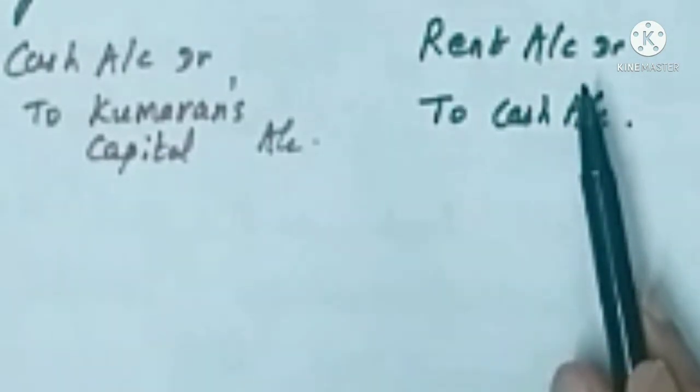Okay, now we are opening the cash book. So, we have to see whether cash account is debited or credited. In this transaction, cash account is credited. So, we have to write it on the credit side by rent account. What is the amount? Amount is rupees 4,000.